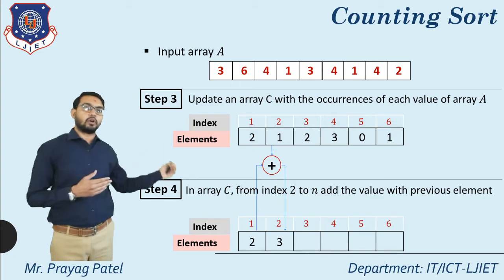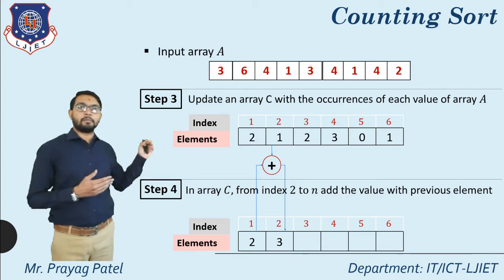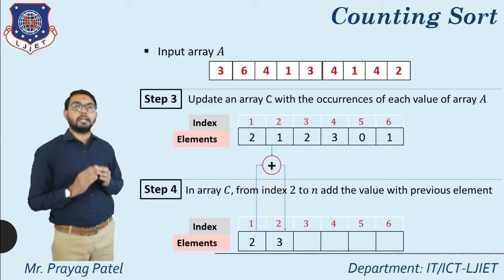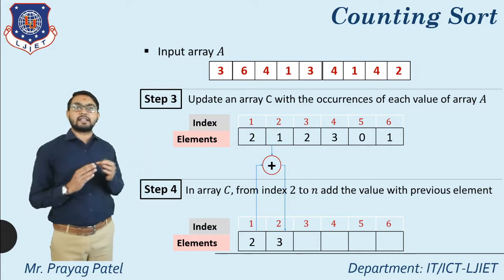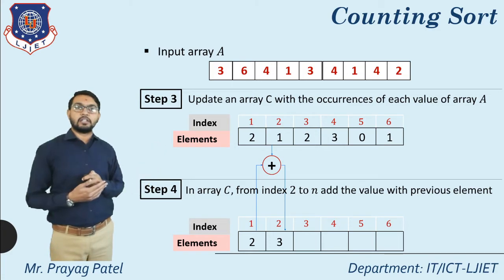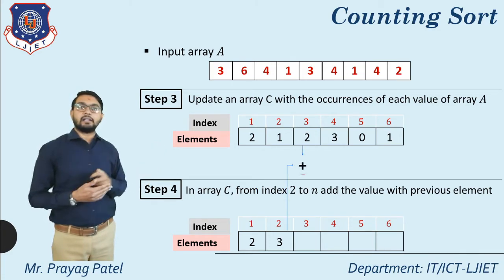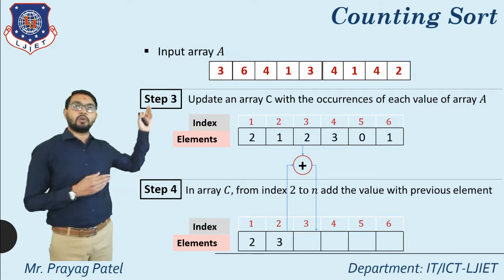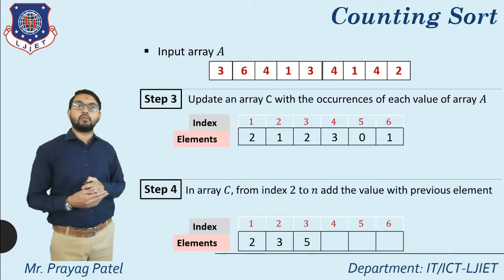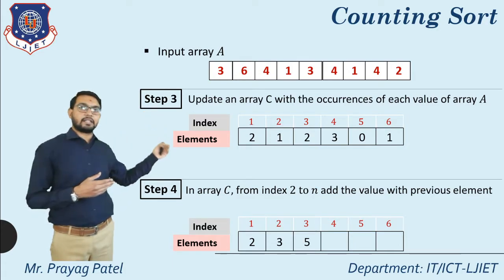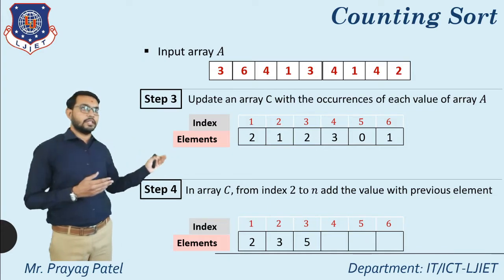Now for column number 3, C of 3 equals C of 3 plus C of 2. Here the previous value is 3 and the current value is 2, so 3 plus 2 equals 5. Now consider the next index, C of 4.